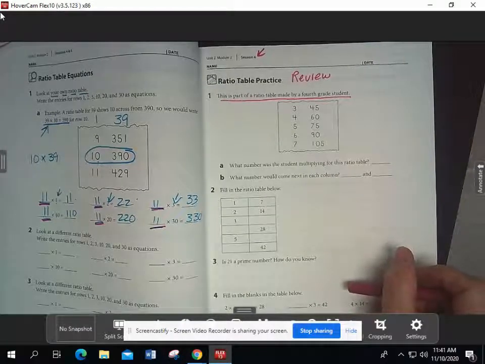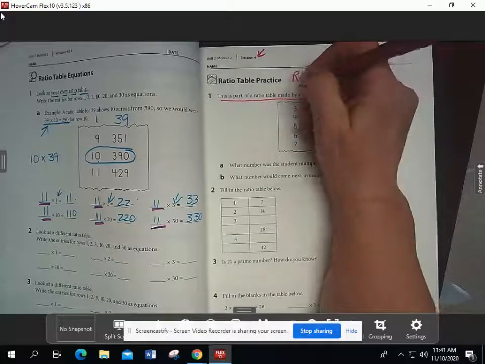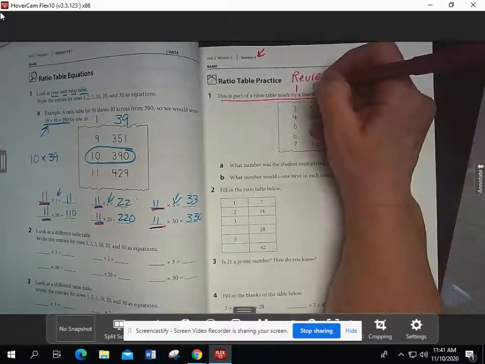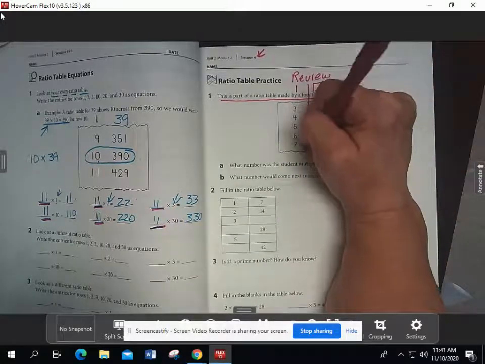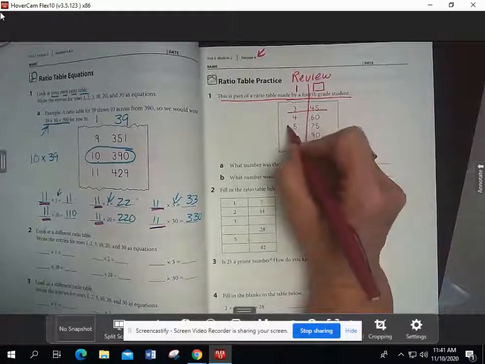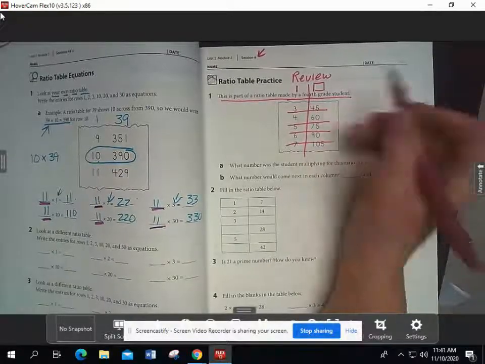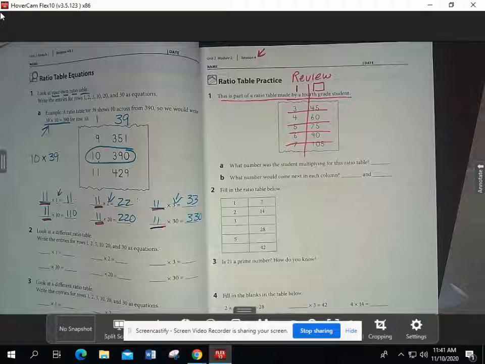Yes, David. What do you think? If we were going to put the 1 on the top, what's the number that would go right there for our ratio table? What would go in that box? How can we figure it out? Okay, that's a good try. What do you think, Will? 15. Why?